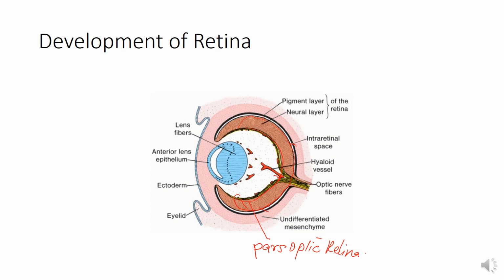This is the part which is bordering the intraretinal space, and it differentiates into light receptive elements, rods and cones.